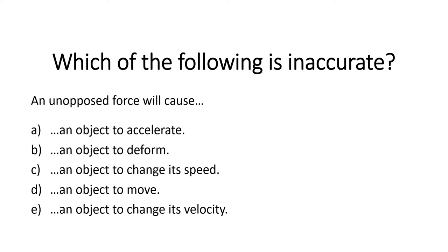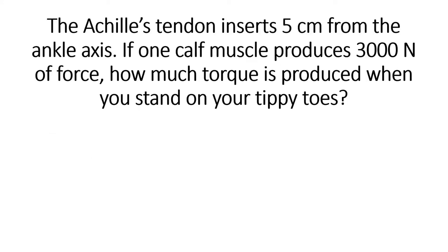I do, obviously. Okay, for the next question then, you will need a calculator once again, and you can give yourself 90 seconds for this one. So, the Achilles tendon inserts 5 centimeters from the ankle's axis, that's the axis of rotation.